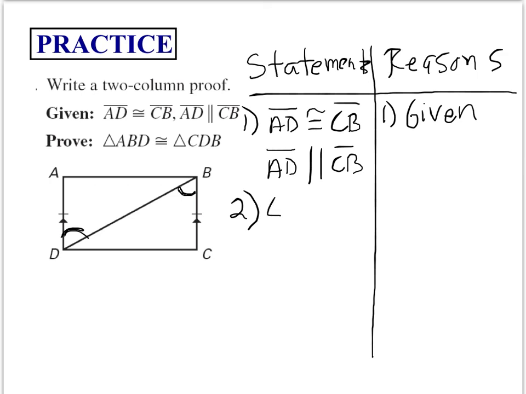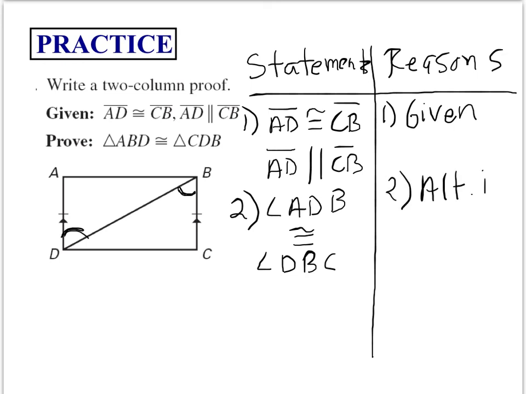So, I'm going to say that angle ADB is congruent to angle DBC. And the reason for that is because of alternate interior angles theorem, and I'm abbreviating because of space. Okay, I'm going to leave it at there. I think you guys can finish it from there.